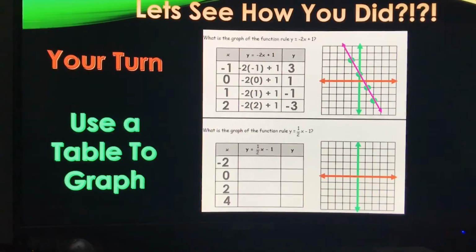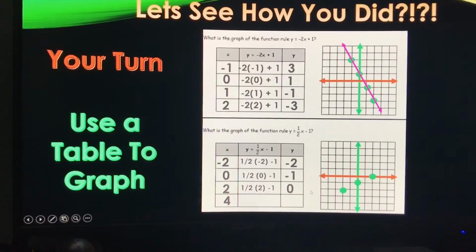So if we plugged in negative 2, I should have gotten negative 2. If I plug in 0, I'm going to end up with negative 1. And then there you can see my points coming on my graph as I've completed them. If I put an input in of 2, I actually end up with 0.